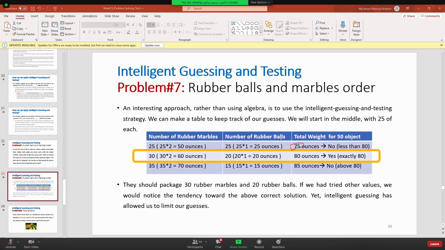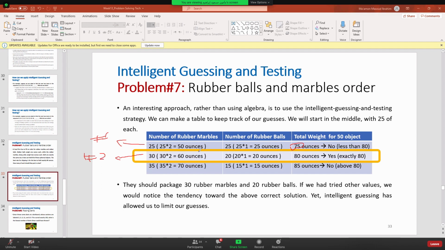So based on the first experiment, the first try, we should try another thing. Because our weight is less than expected, we want to add some pieces to reach our weight.